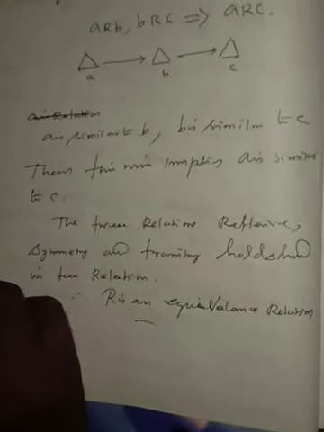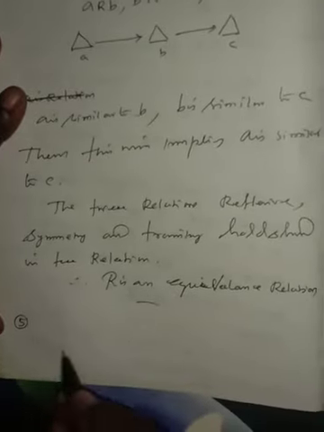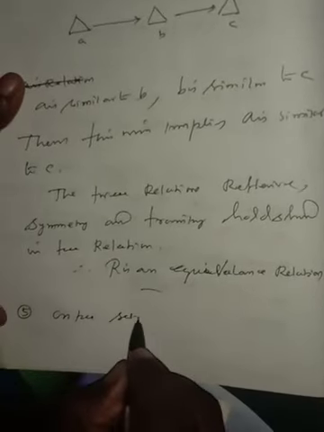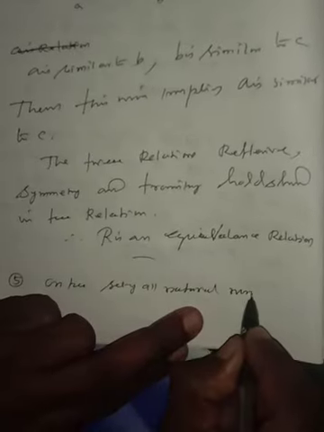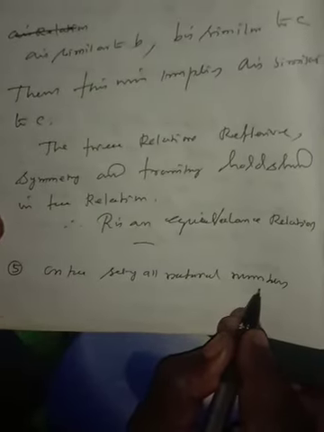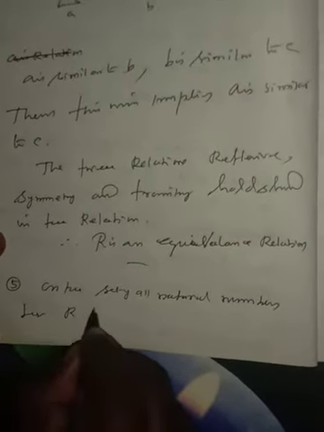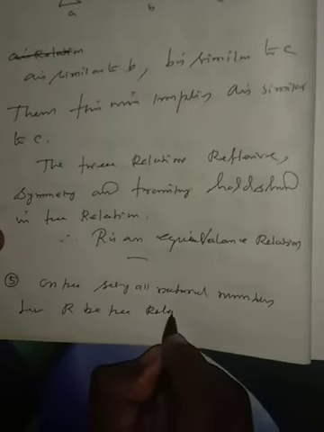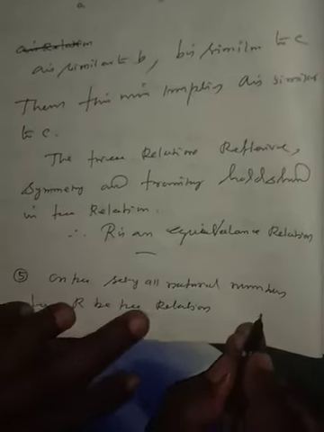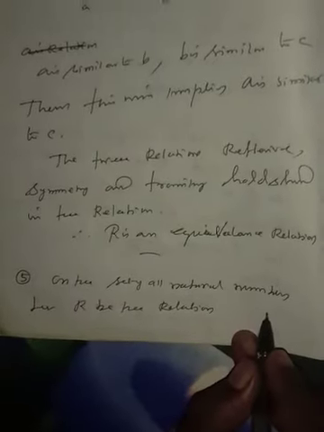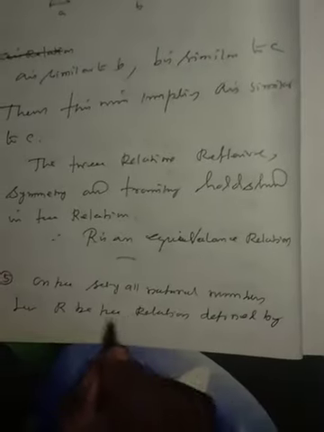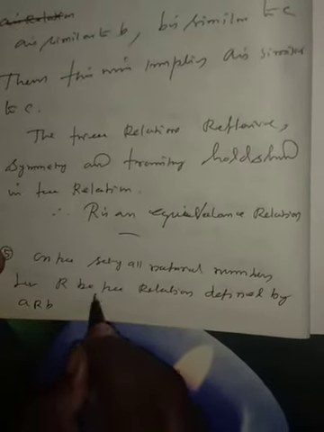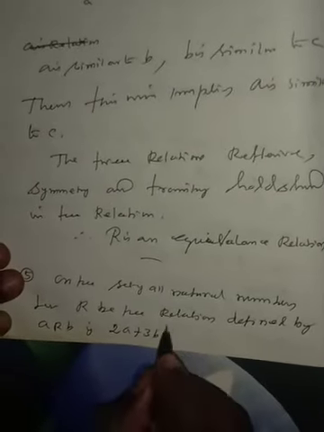Next, on the set of all natural numbers, let R be the relation defined by A related to B if 2A plus 3B is equal to 30.